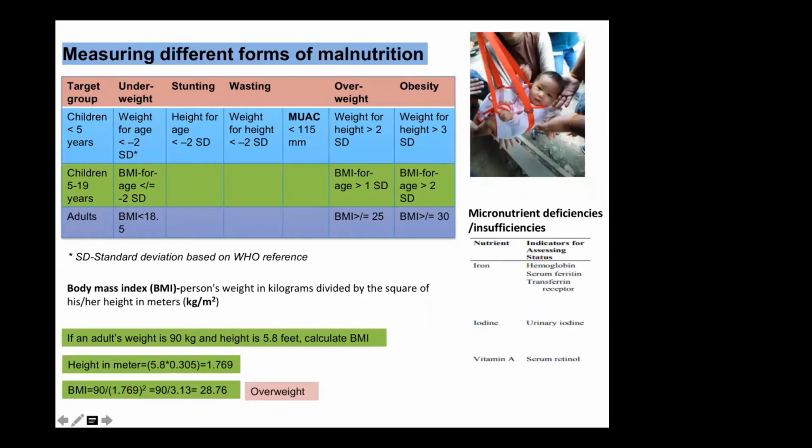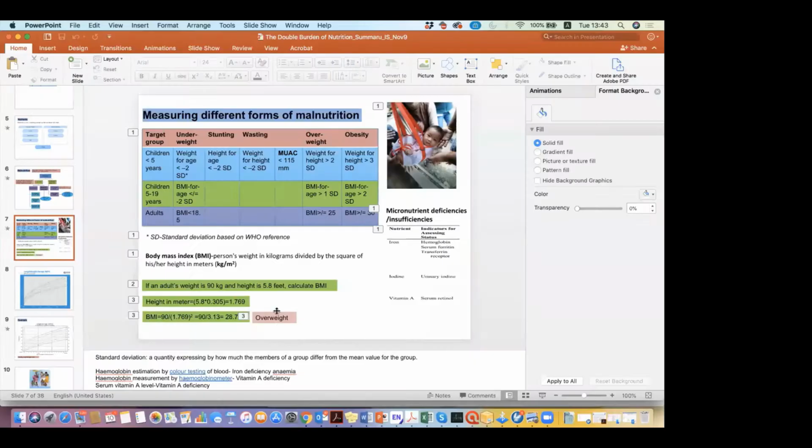So that person is overweight. If we look at this table, a BMI that is greater than or equal to 25 is overweight. So that person is overweight.